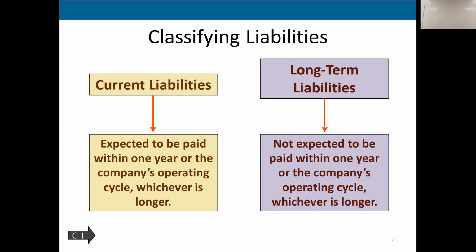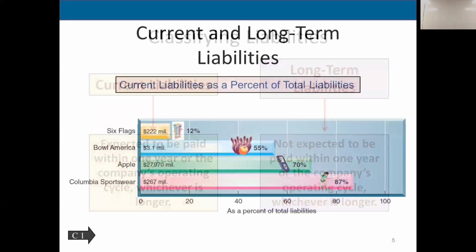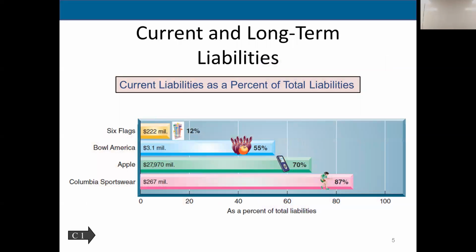All right, let's look at an example. Well, in my example, let's look at Six Flags. Six Flags, 222 million. What we're comparing here is current liabilities as a percent of total liabilities.